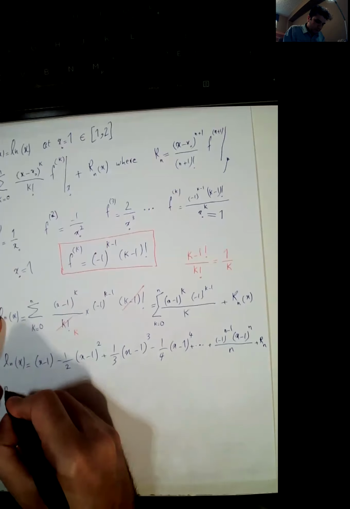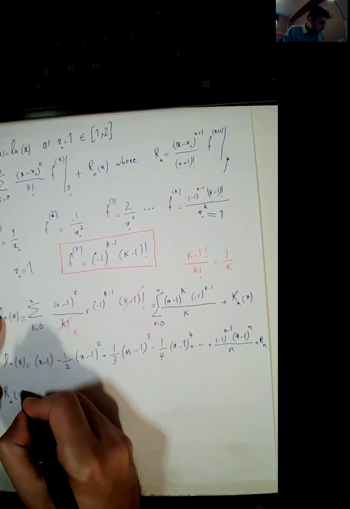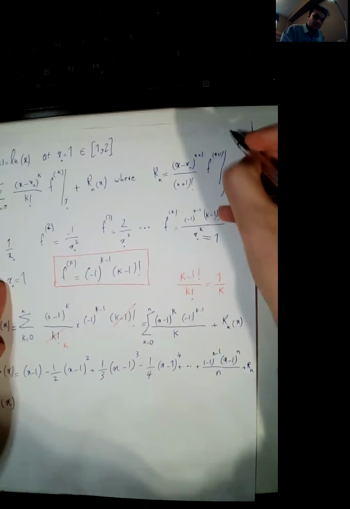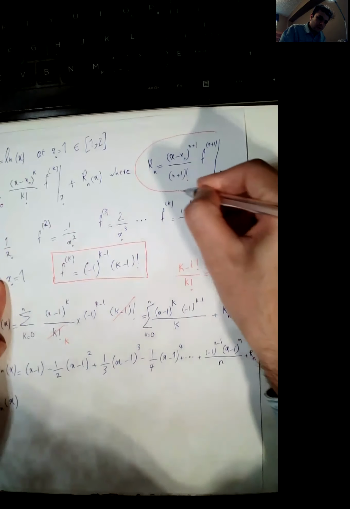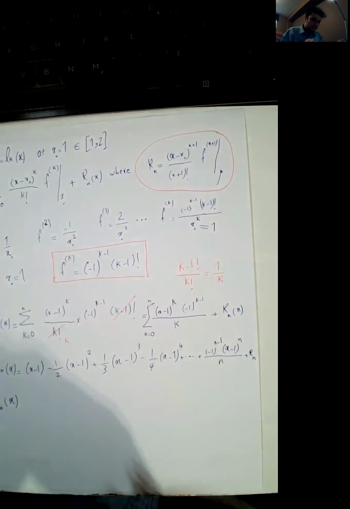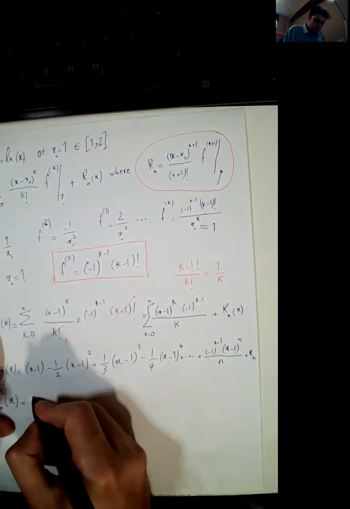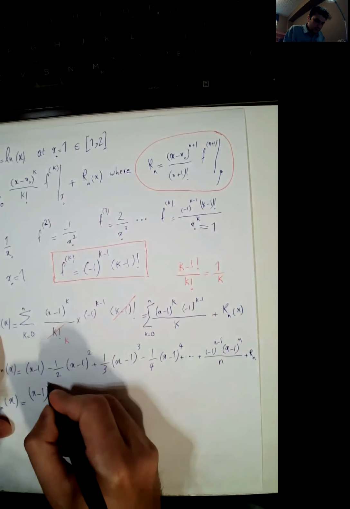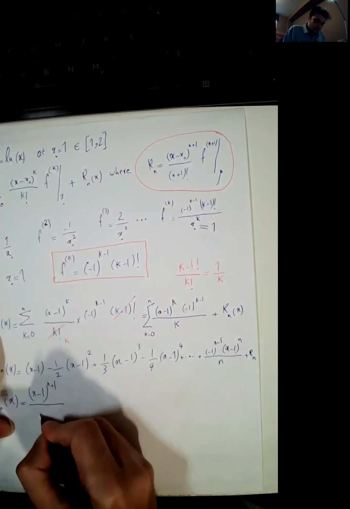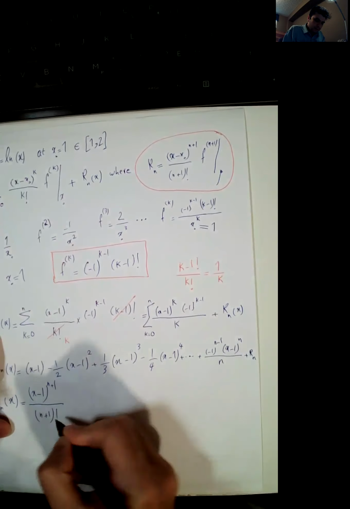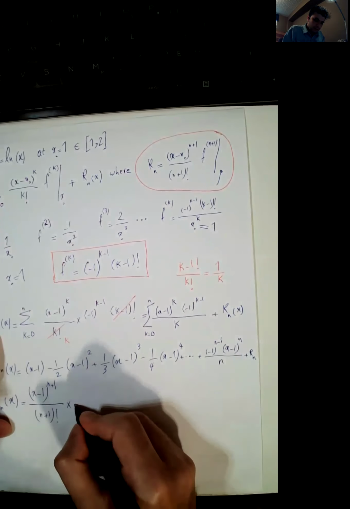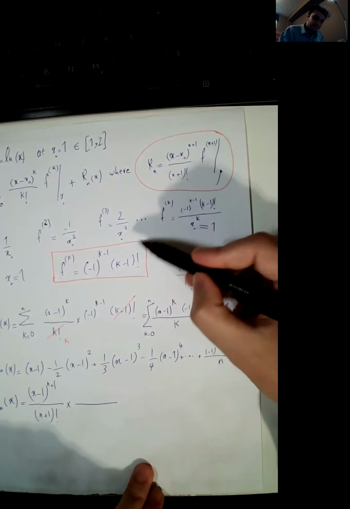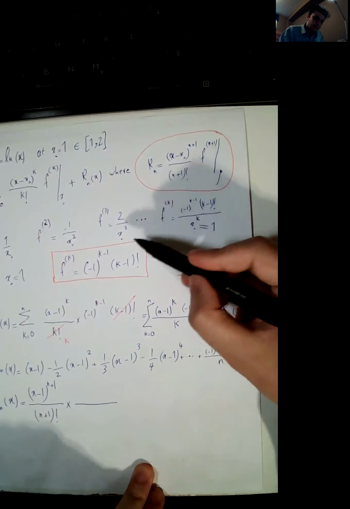Now I want to talk more about Rn(x). So I gave you the formula for Rn. Let's write it here: (x minus 1)^(n plus 1) over (n plus 1) factorial, times the derivative of the function at psi.